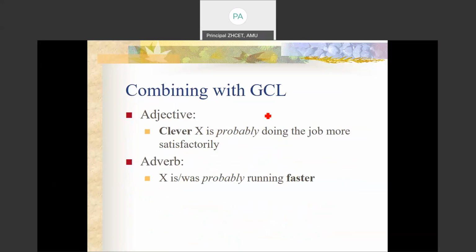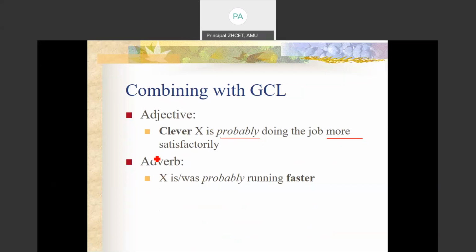So combining with generalized constraint language, adjective: clever X is probably doing the job more satisfactorily, right? So more satisfactorily becomes another qualifier on top of probably. Adverb: X was probably running faster.